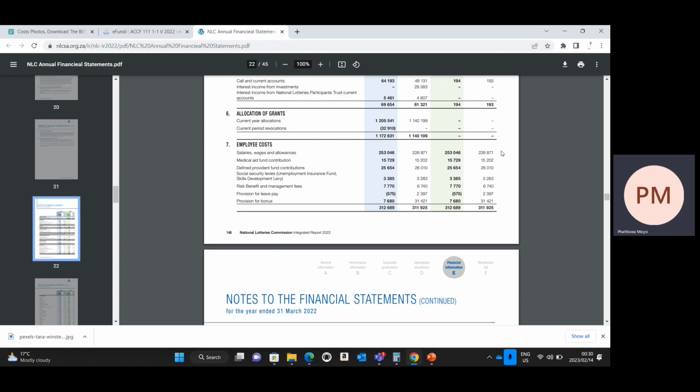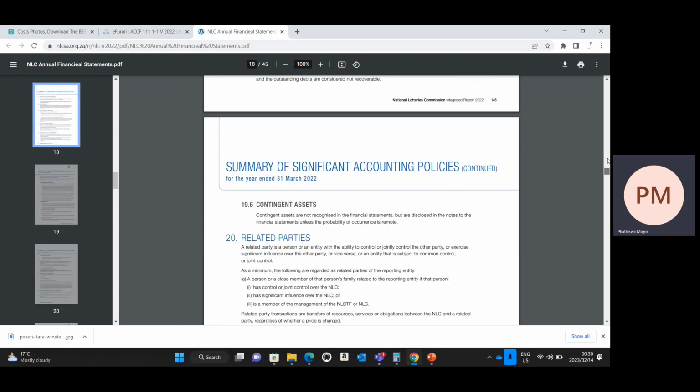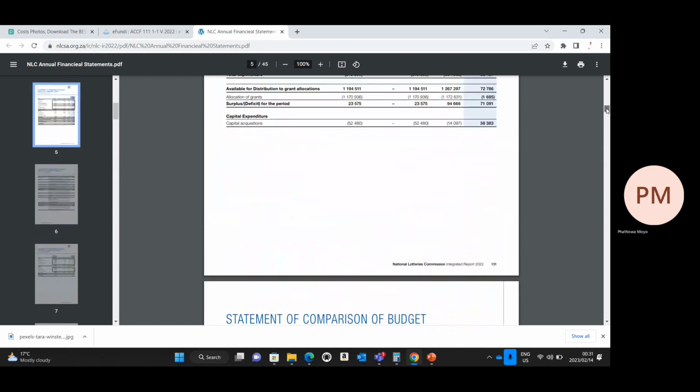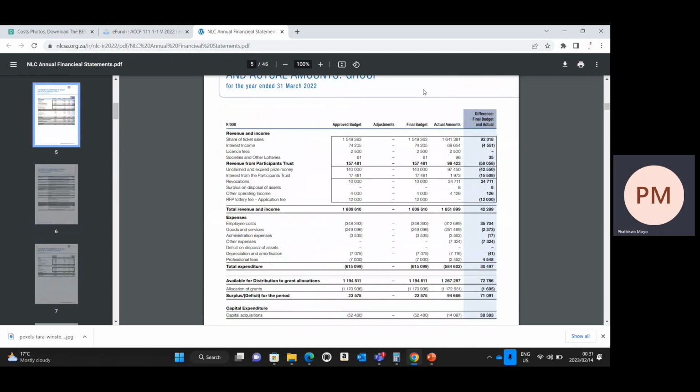They said administrative and other costs, and I was like, please break it down for me. I couldn't find it. But the National Lottery Board wrote a summary, just 3 or 4 lines in their financial statements. This is page 22. I just want to show you. You see, they just wrote unclaimed prize money.